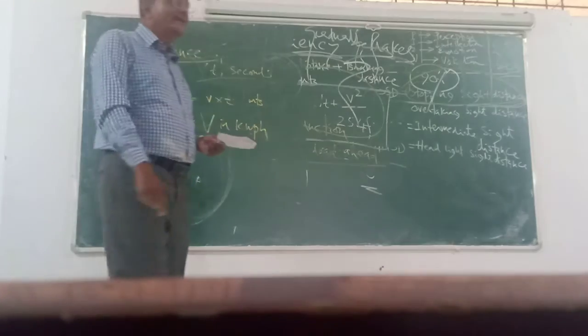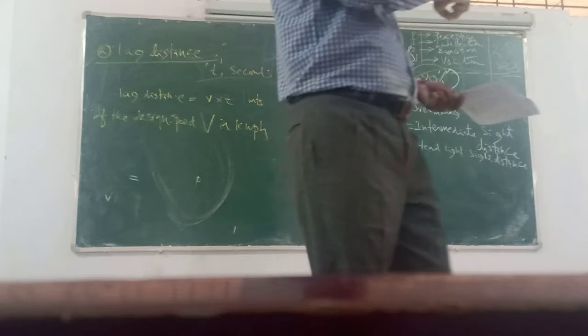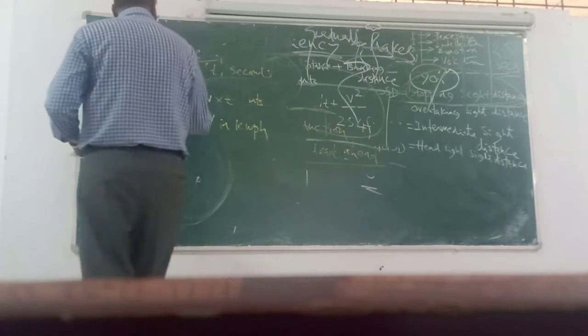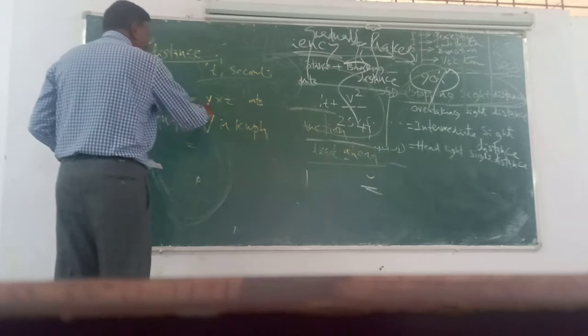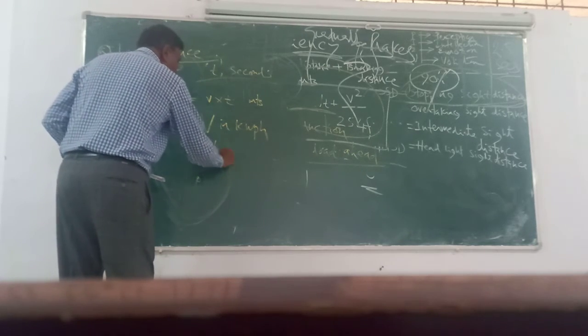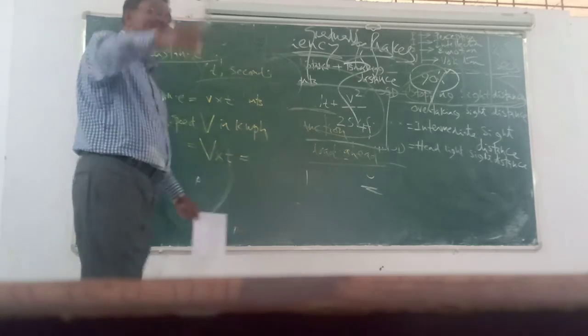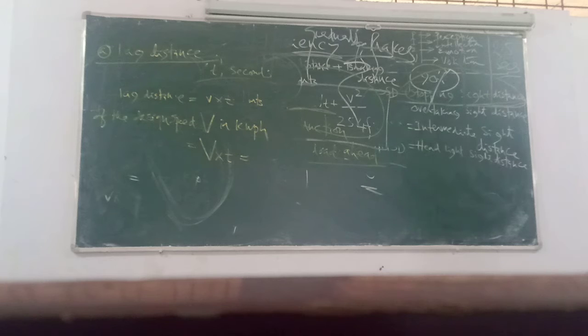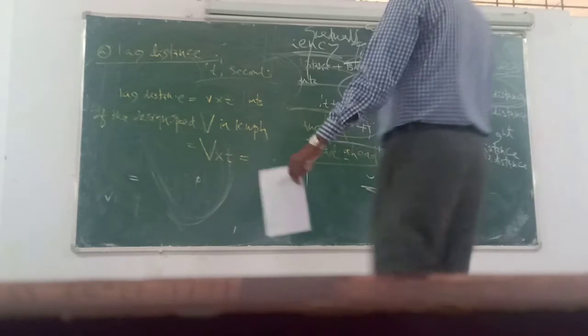I am going to convert that equation to get this. Noted. Now I am going to convert it. So right now it is big V into small t. I am converting meter per second to kilometer per hour.